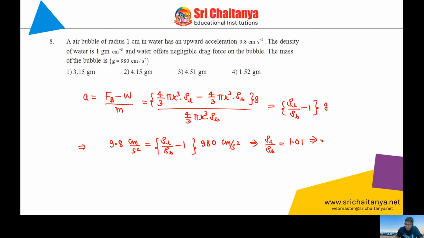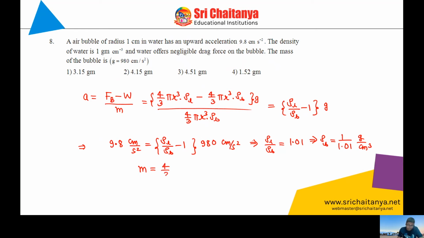So the effective density of the bubble is 1 upon 1.01 gram per centimeter cube, and that is sufficient for us to find the mass of the bubble, which will be its volume times density.